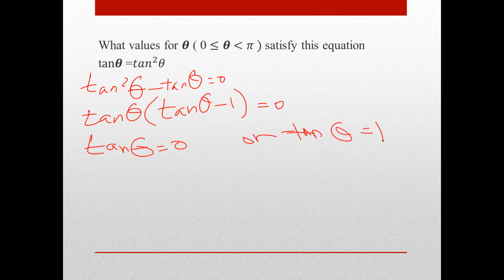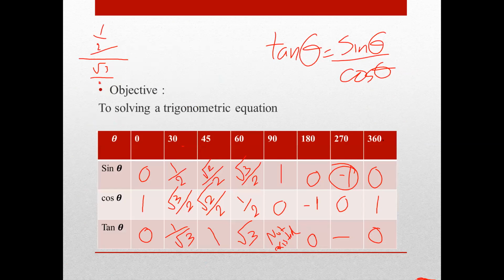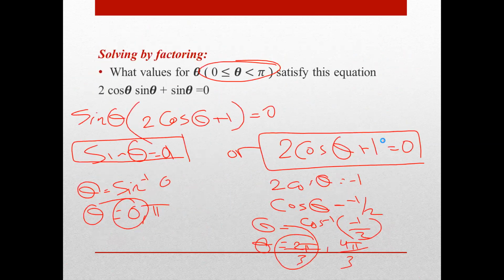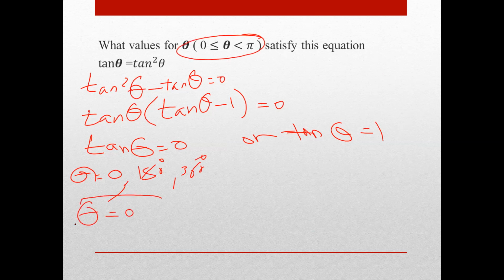When is tan equal to 0? At which values? Let's go to the table here. It is 0 for 0, for 180 and for 360. But he wants it from this interval, so I say theta is 0.